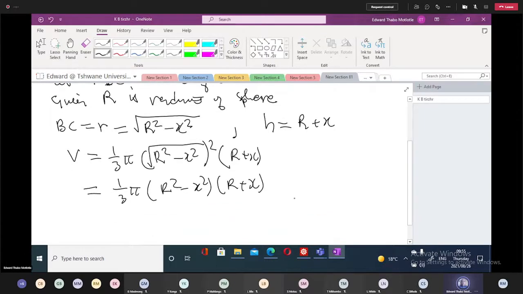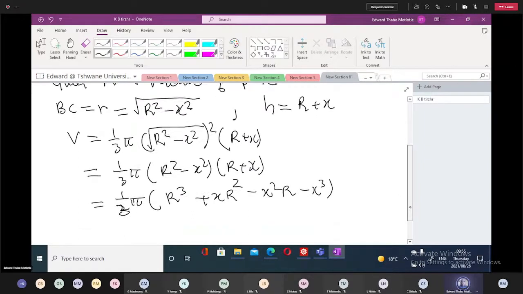Now let's simplify this by getting rid of the brackets. Multiplying out, we have R cubed plus xR squared minus x squared R minus x to the power 3. So now this is our volume.